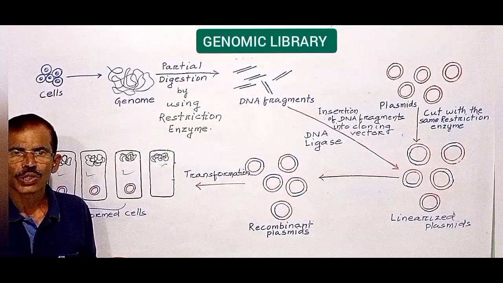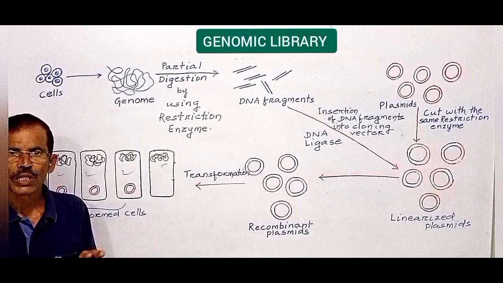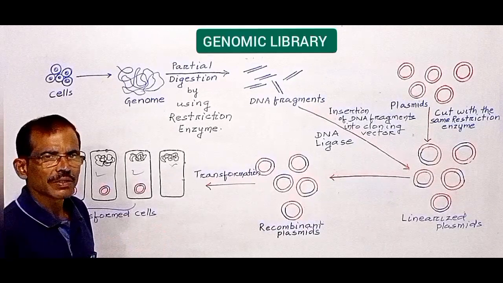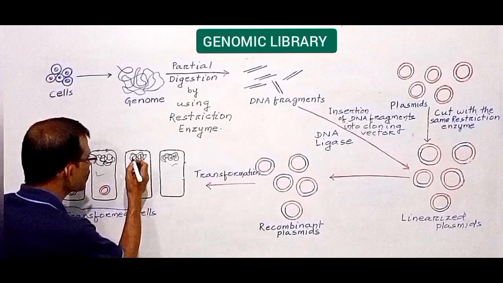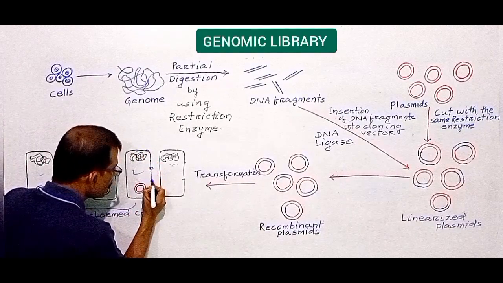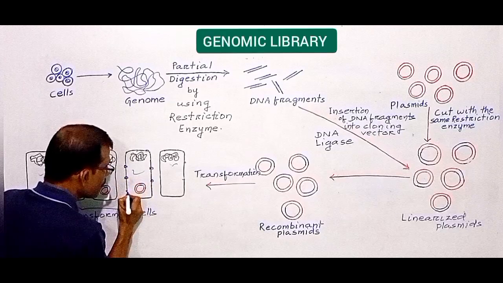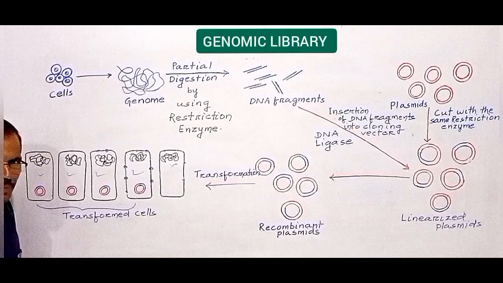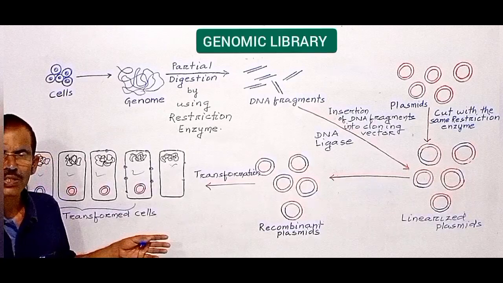Transformation commonly uses methods such as heat shock or electroporation. Both these methods induce the formation of transient pores in the cell membrane through which recombinant vectors easily enter into the E. coli cells. This results in transformation.